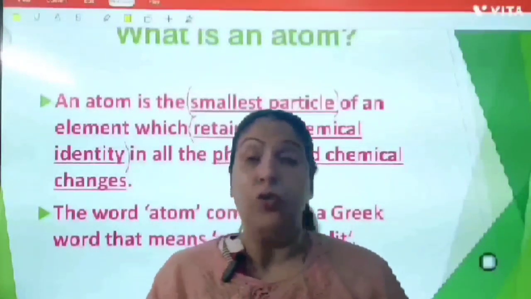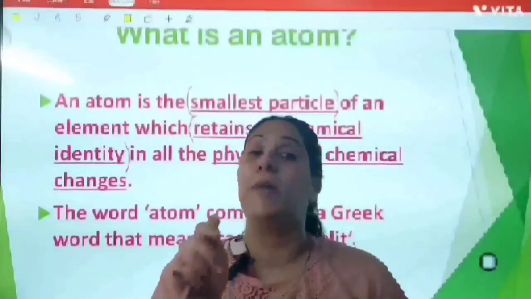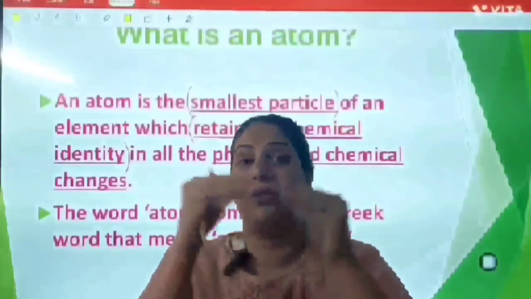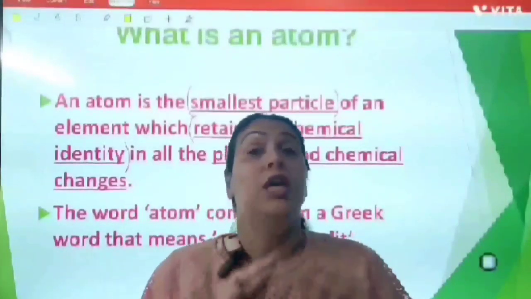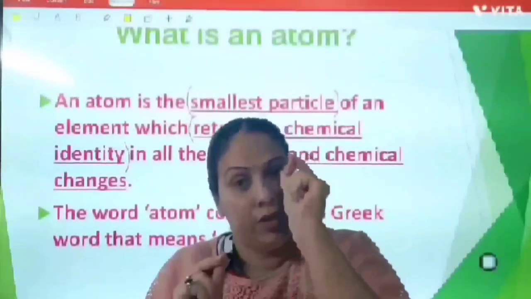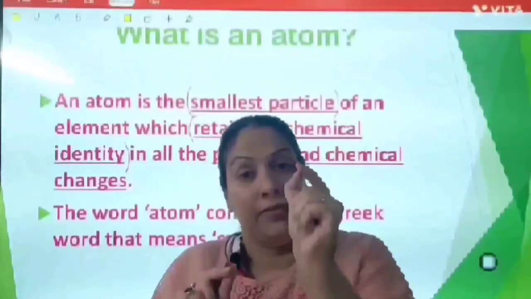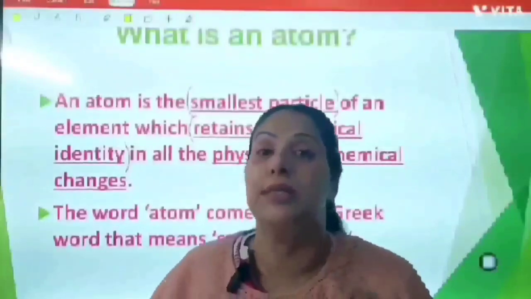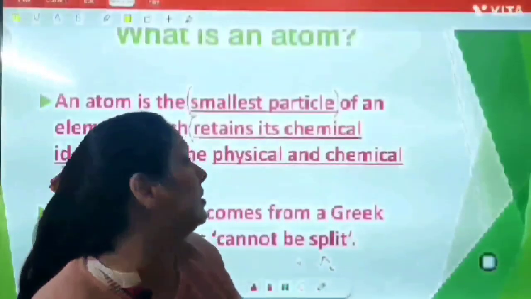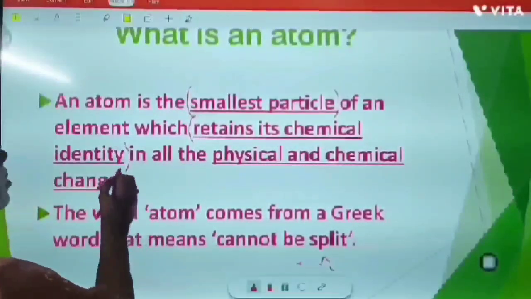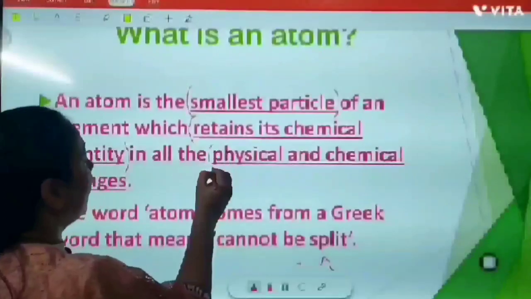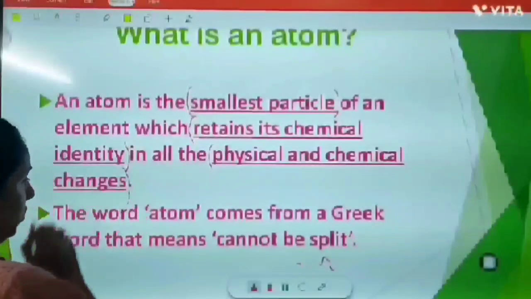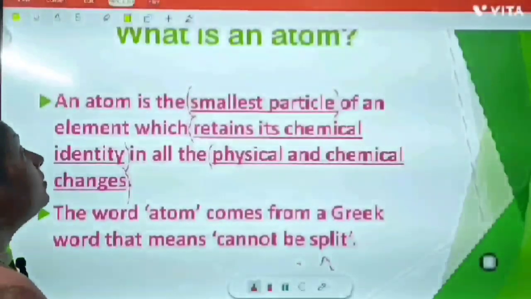What does chemical identity mean, children? If you burn it or fuse it or whatever changes you do in that particular particle, it will retain its properties. It will retain its basic characteristic, what it is, in all the physical and chemical changes.